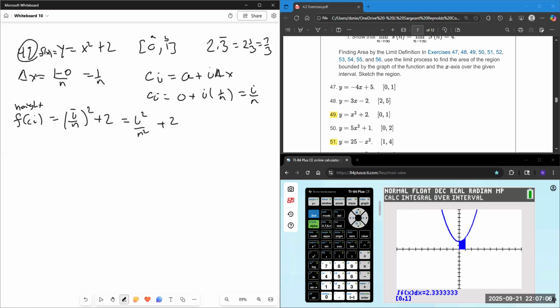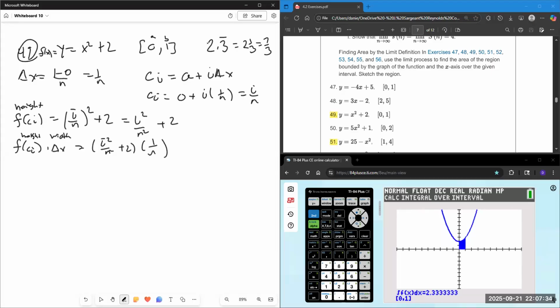And I need f of ci times delta x because I need my height times my width to get the little areas of my rectangles. So this is i squared over n squared plus 2 times 1 over n.